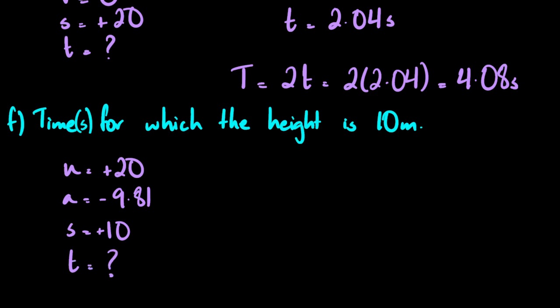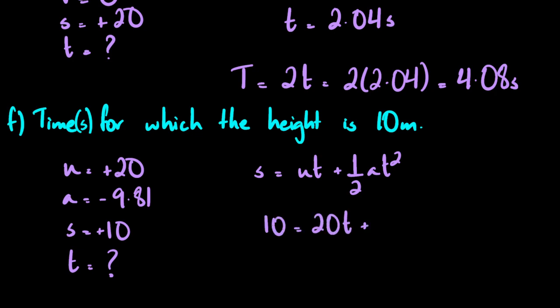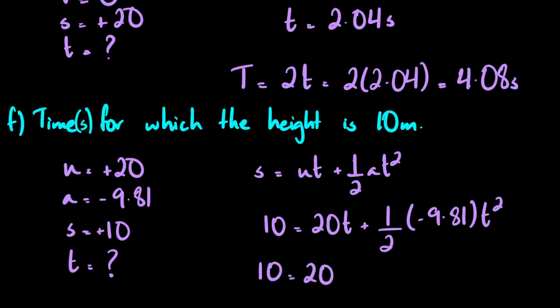So s equals ut plus half at square. So this is 10 equals 20t plus half of a, which is negative 9.81 t square. So this becomes negative 4.905 t square.